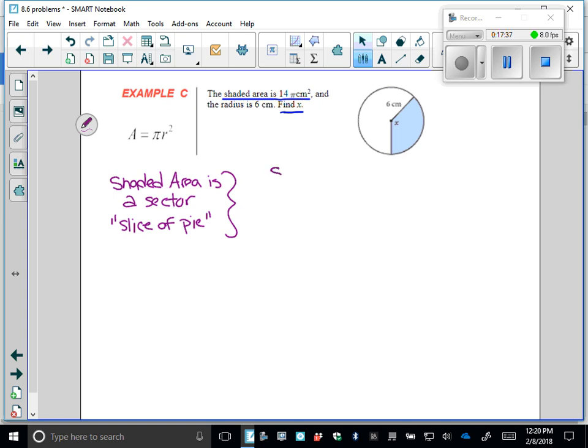We could do sector over circle is equal to degrees over 360.